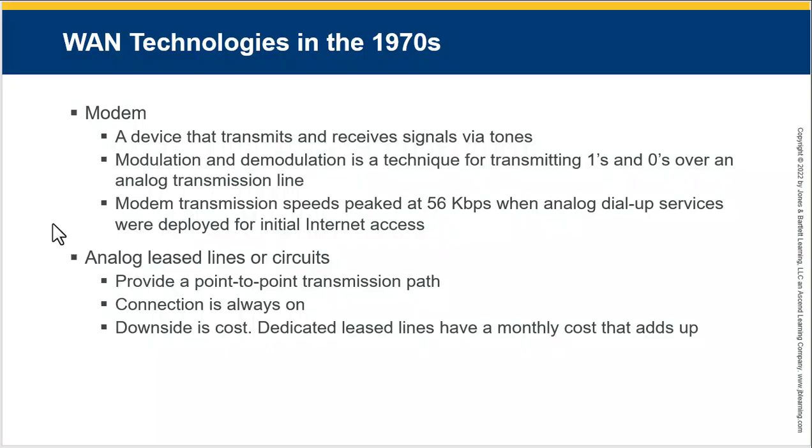Home and office modems using the public switched telephone network could achieve a maximum transmission speed of about 56K baud, 56,000 bits per second, which back in the day we thought was fast, and it was.